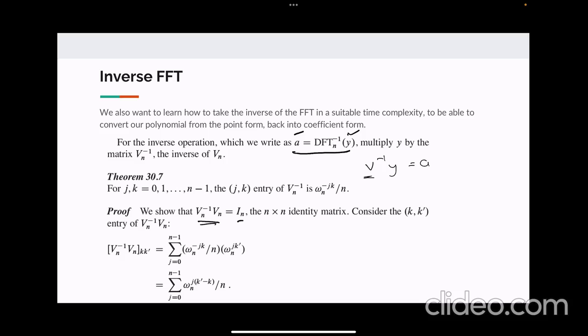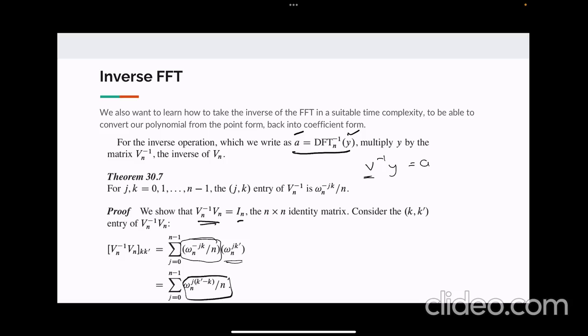Now let's consider that the V inverse matrix is represented by the term omega n to the power minus jk by n. When we multiply this with our original matrix, the original element in the matrix Vn, we get a form like this.